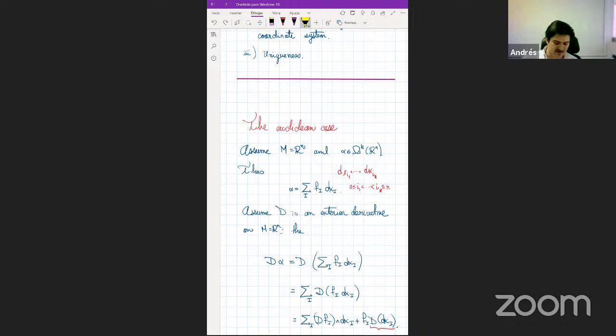Right? Now, the whole idea is trying to understand d on this type of objects and also to understand d on functions. So if I have an exterior derivative, all that I care about is what happens on functions and on elements like this, on one forms. So let's look into that.